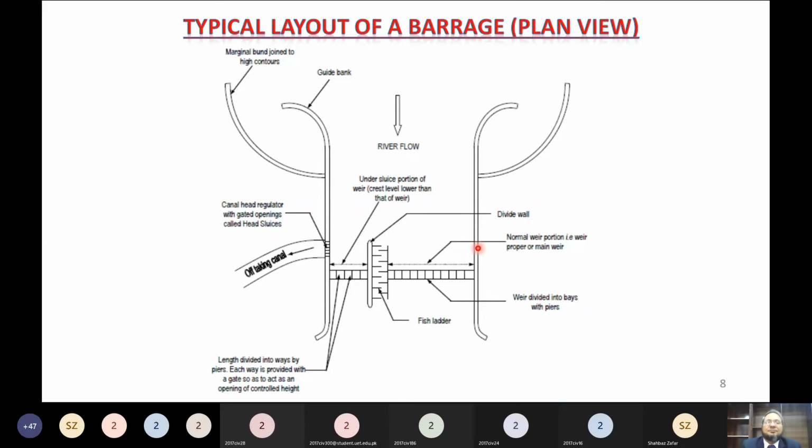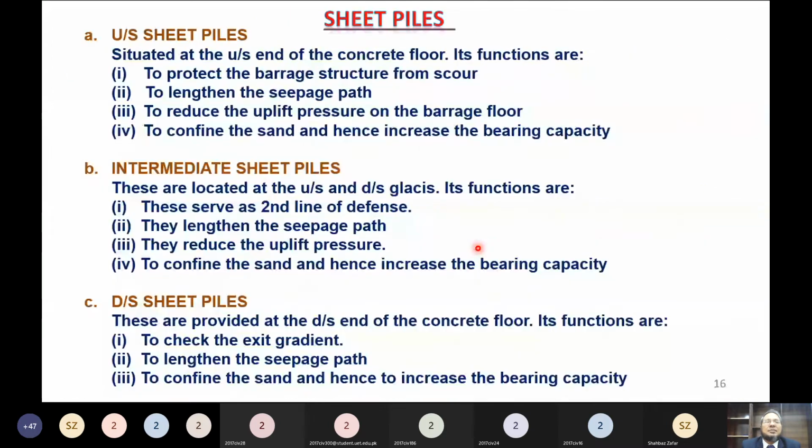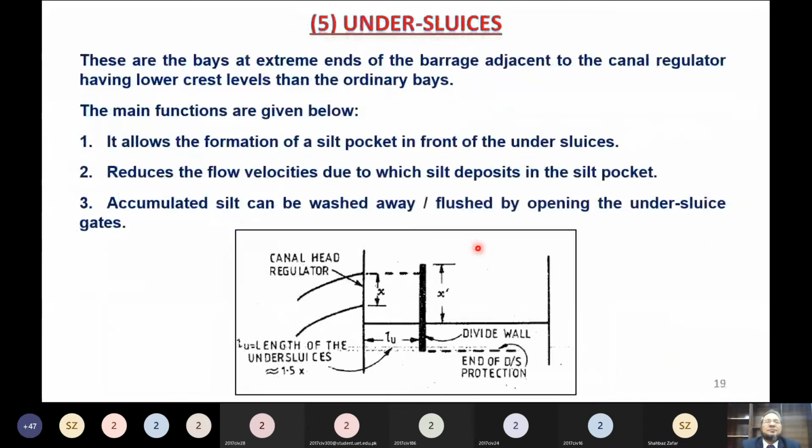Is it clear? Yes, sir. So under sluice bays are basically the bays which are provided in between the divide wall and the head regulator of the main canal. Their crest level of the weir is kept lower as compared to normal bays.